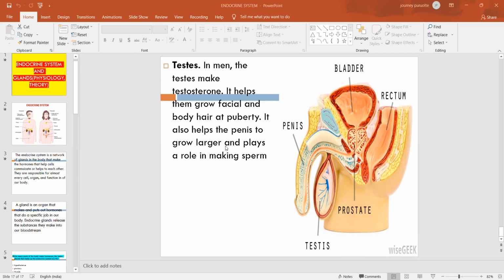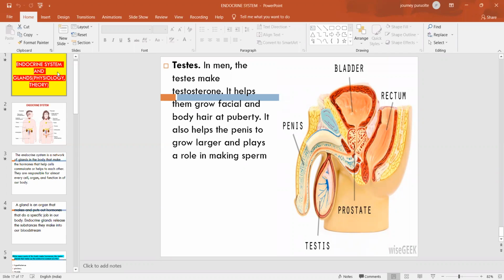In the same way, as we grow, this testis helps the penis grow larger, and it also plays a very important role in making sperm. So this is all about the other gland we find under the endocrine system. I hope much detail about this is not required. I hope you all understand, right?